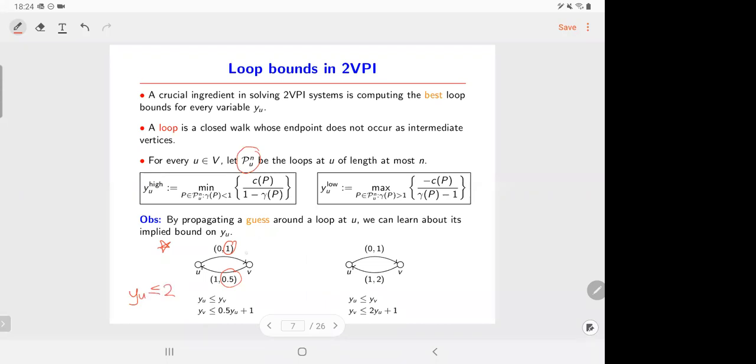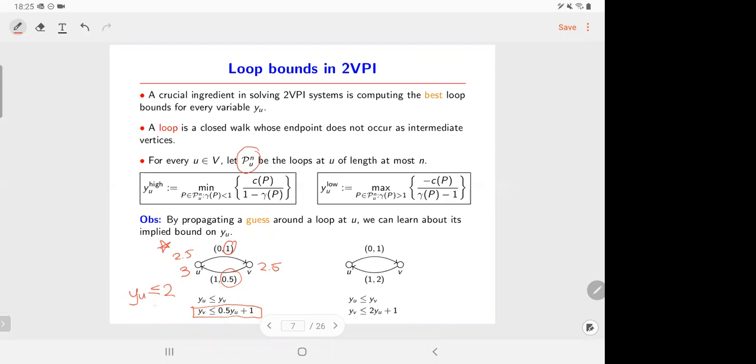So if your guess is higher than the implied bound, let's say 3, then by propagating it to V and back to U, you will get 2.5, just using this inequality. And if you keep repeating this operation, you will converge to the true bound implied by the loop.